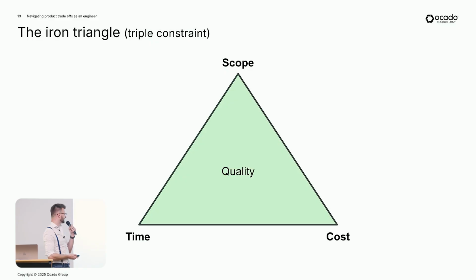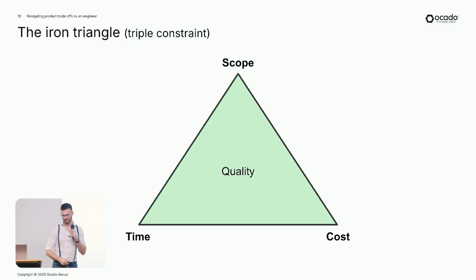So as you probably know, if you want to deliver a product and you want to increase the scope, usually you need to either increase the time of the delivery or increase the cost of delivery. If you want to decrease time, then you need to increase the cost or decrease scope, and so on and so on. If you want to change one of the vertices without modifying other vertices, then your quality will suffer. This is the guy in the middle.